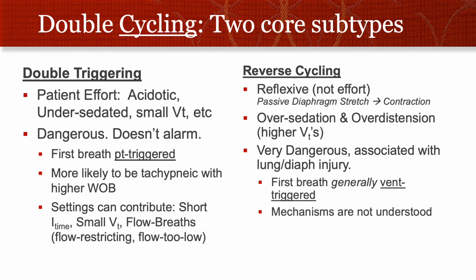So when you get a big breath, the vent releases and the diaphragm contracts to get a second breath again. This event most often occurs in over-sedated patients who are over-distended, air trapping, high PEEP, and high tidal volume patients.